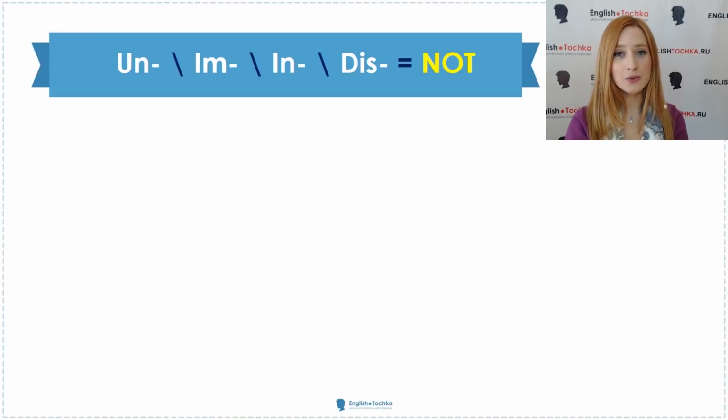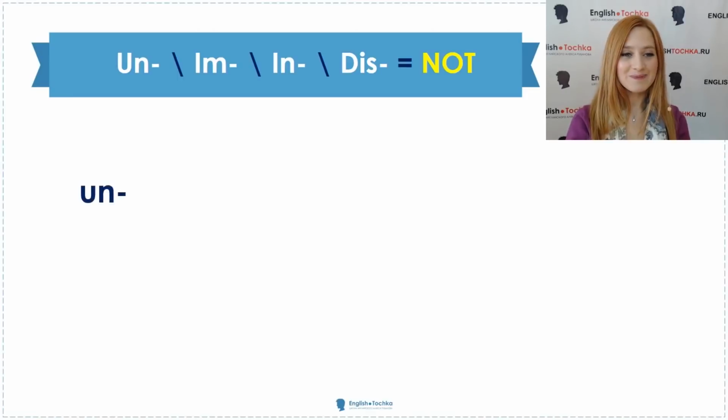So not only those which I'll tell you about, but the negative meaning of these prefixes is the most typical and most commonly used. So let's talk about that. The first prefix is un. Let's guess what are the words that we can use with un.